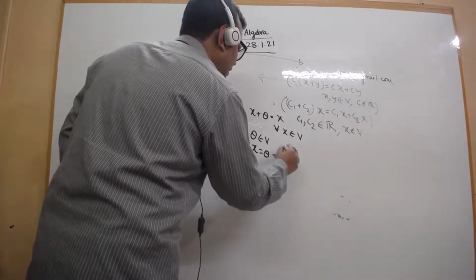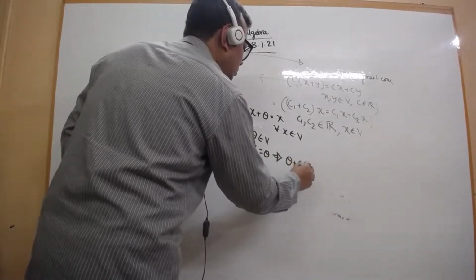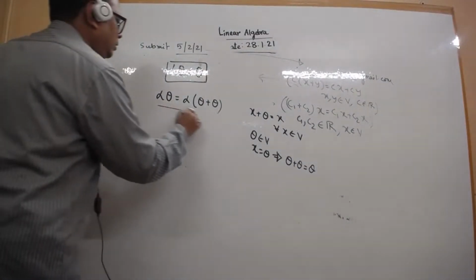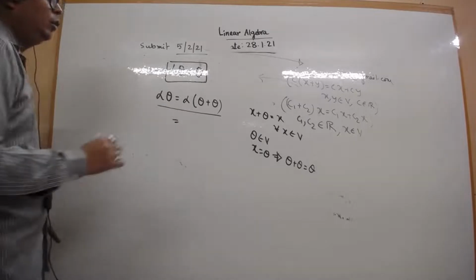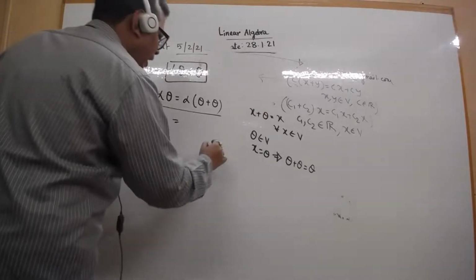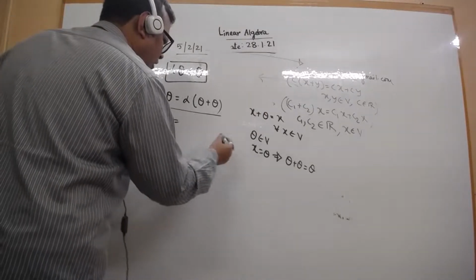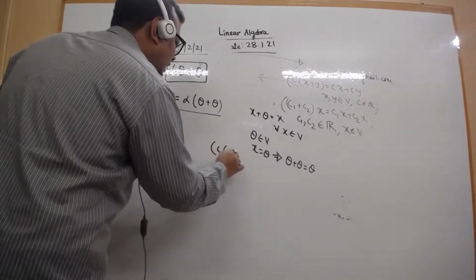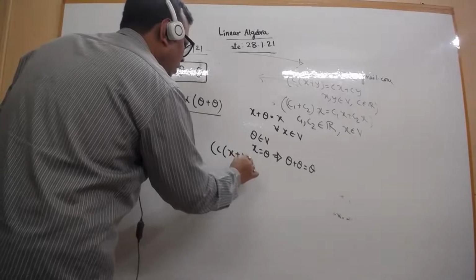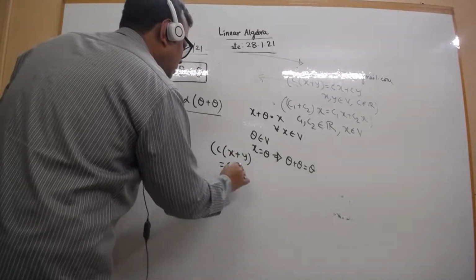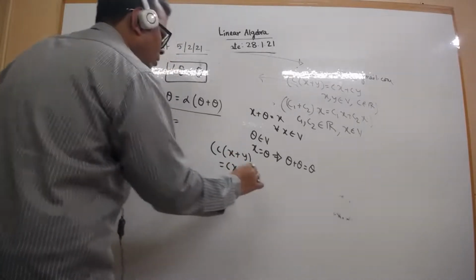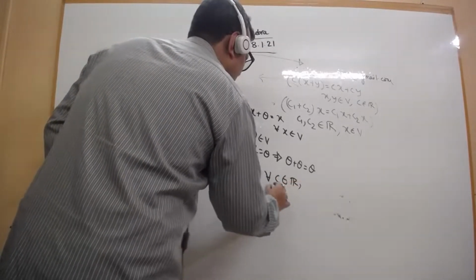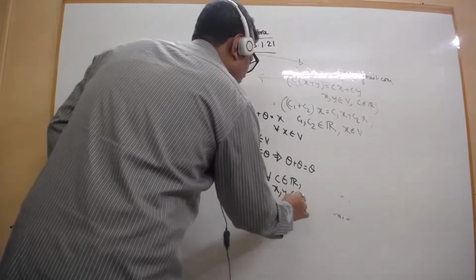So we write theta plus theta equal to theta. Okay? So now we know from axiom 8 or 9, where C is a scalar, c(x plus y) equal to cx plus cy for all C belonging to R, x, y belonging to V.